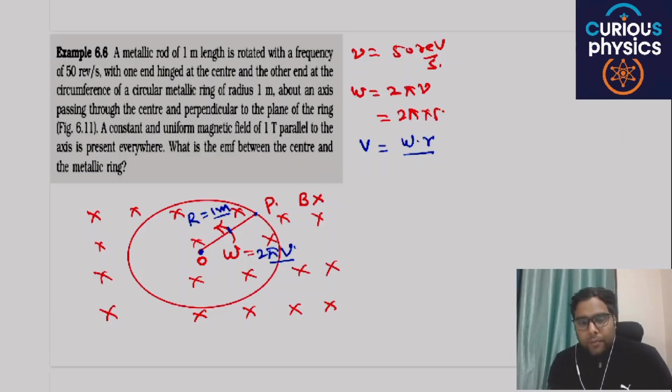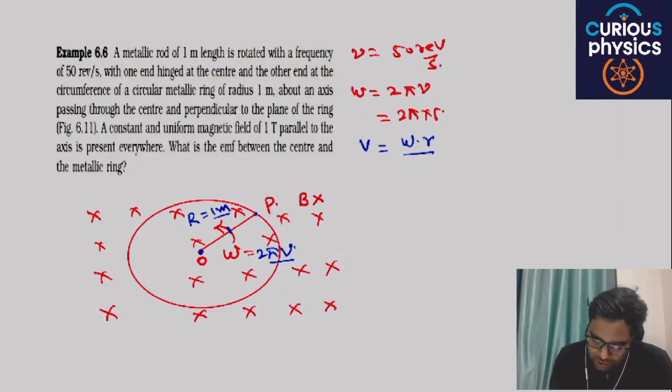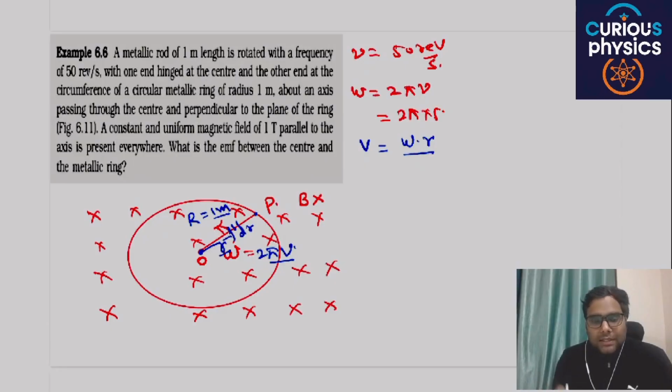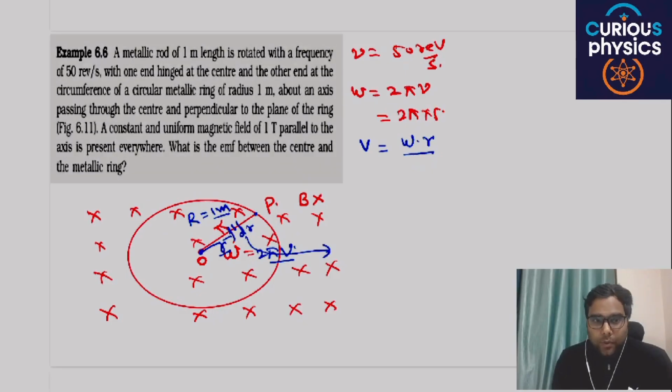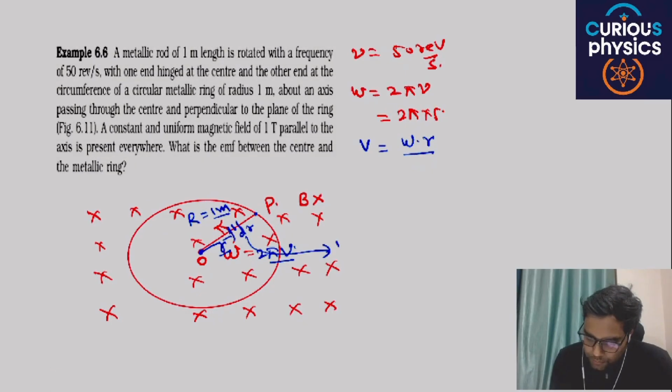If the speed is changing at every point, this question can be solved with the help of integration. Let's say a small element dr at a distance r from the center O. Here the length is dr, and at that point the speed will be omega into r.